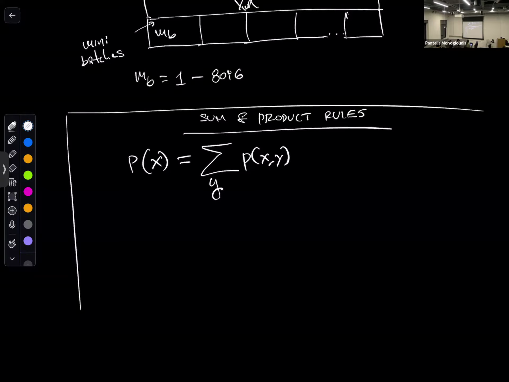You get rid of the y by summing over all possible values of y to obtain p of x. That's an axiom. The same thing, of course, you can write as p of y equals the summation over x of p of x comma y. Whatever information you want to keep, you use this marginalization operation. We'll see in a moment how it is used in our setting.